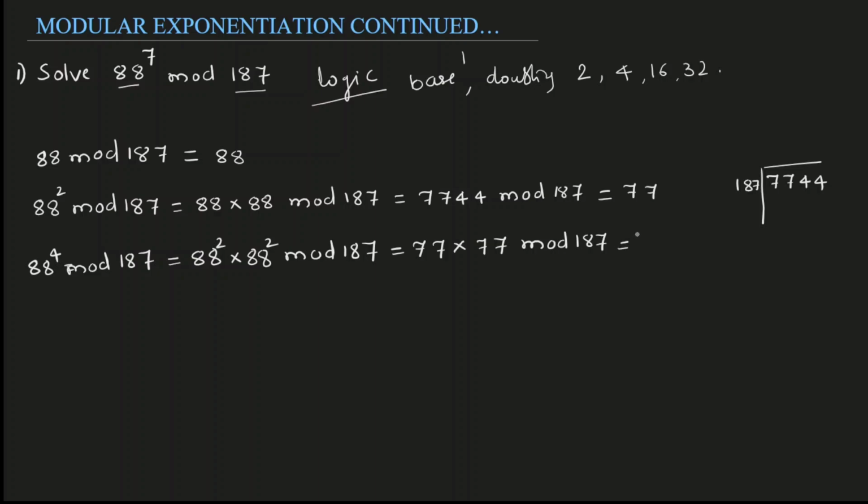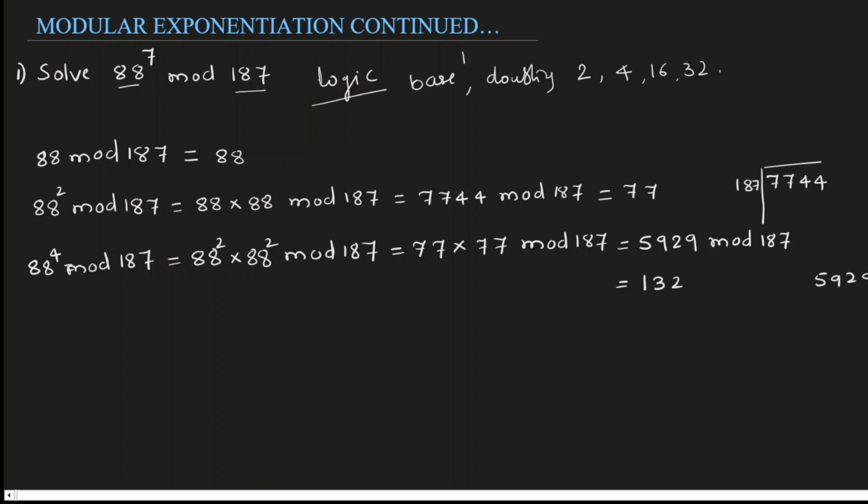But what is 77 into 77? 77 into 77 is 5929. Right? Mod 187. Again, divide 5929 by 187. Then you will get remainder as 132. Again, check this. Divide 5929 by 187.